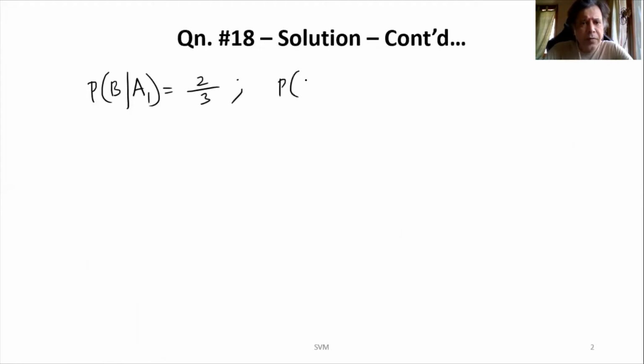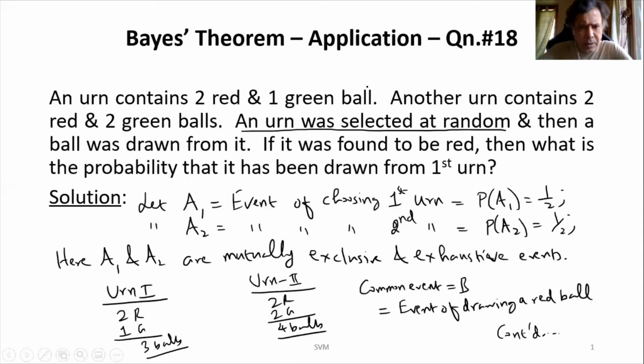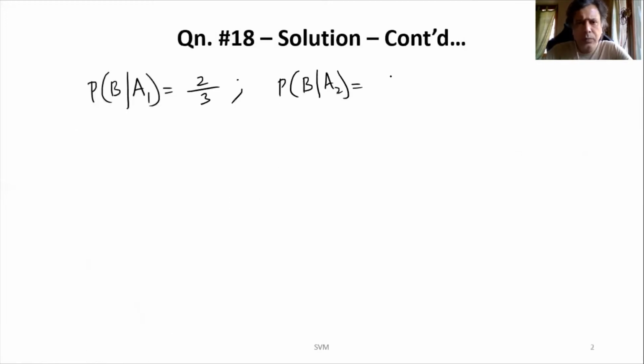Same way, if I want to draw a red ball, given that it is from the second urn, how much is it? There are 4 balls in the second urn and 2 are red. That means the probability is 2 by 4, or I can simplify it to 1 by 2.